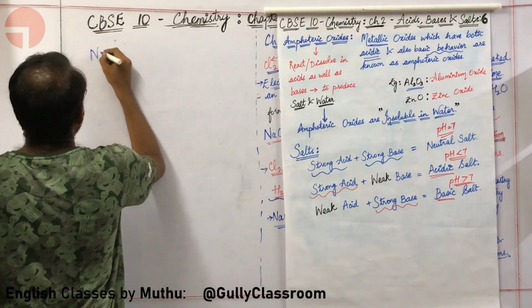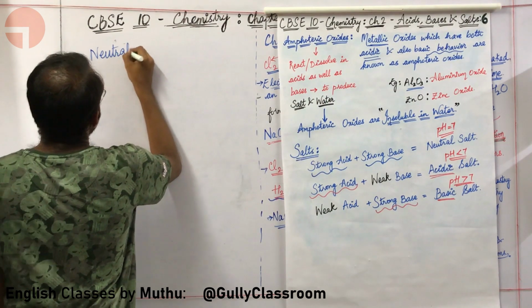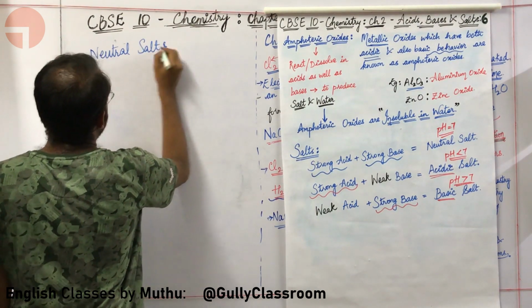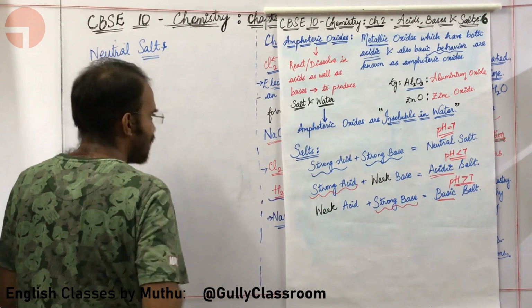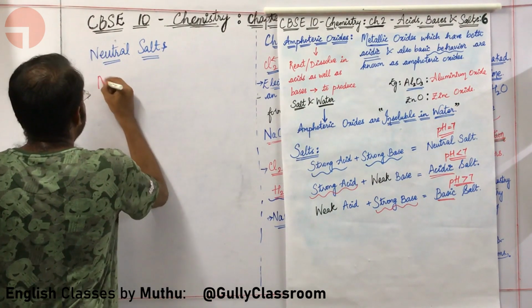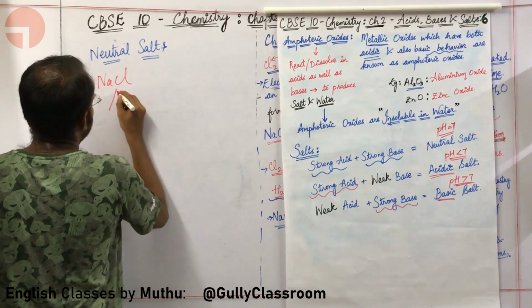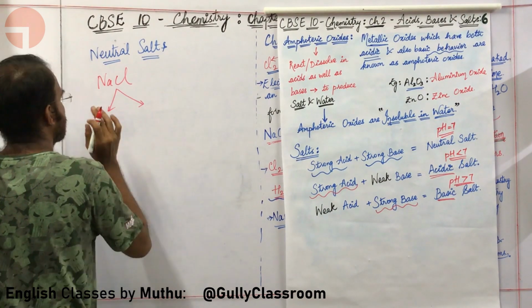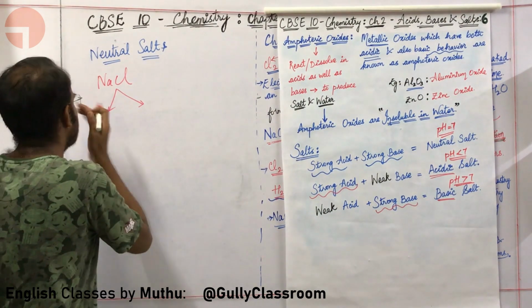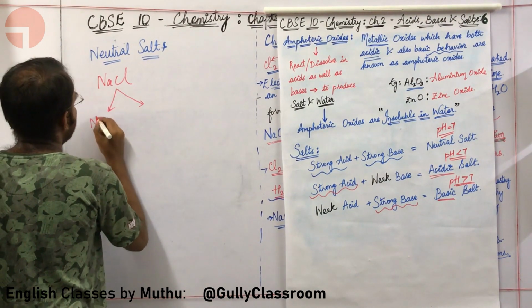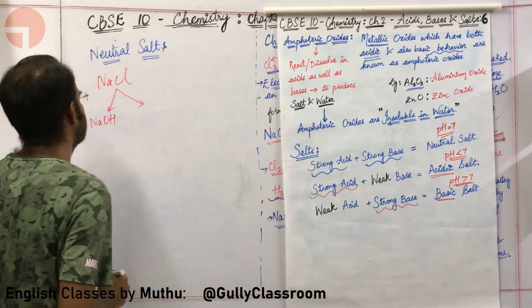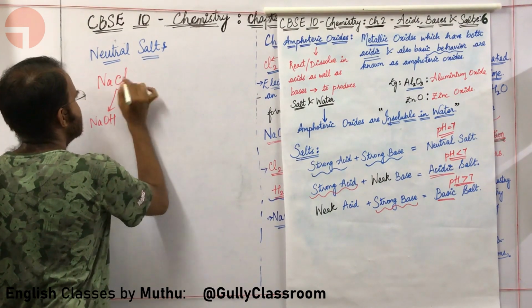Sir, give us a couple of examples of neutral salts. Okay, let me give you a couple of examples. The common salt that we eat every day, NaCl, is a good example of a neutral salt. Where do we get this Na from? We get this Na from NaOH. Where do we get this Cl from?